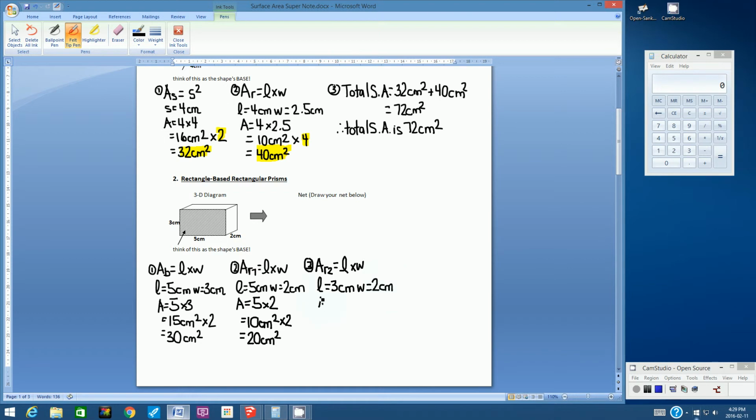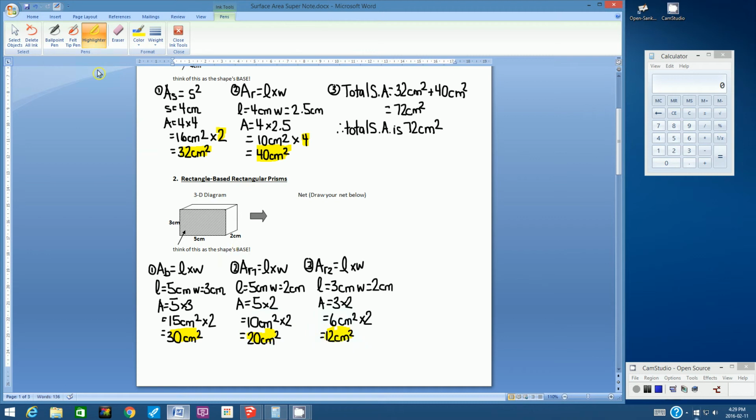We have area equals 3 times 2 equals 6 centimeters squared. Now remember, there are two rectangles that look exactly like that. So let's multiply this area by 2, and then we get 12 centimeters squared. Okay, so let's highlight these areas that we're going to need.